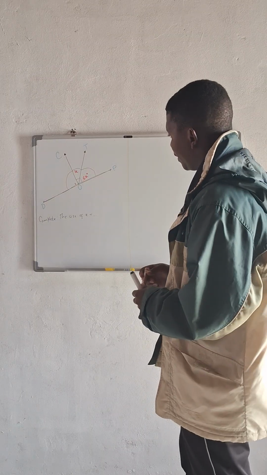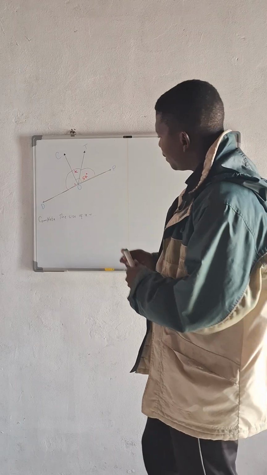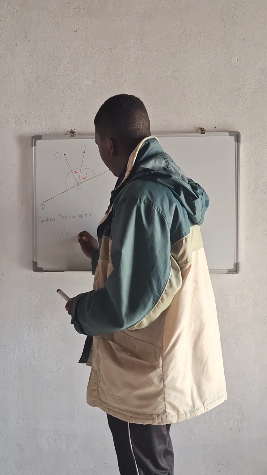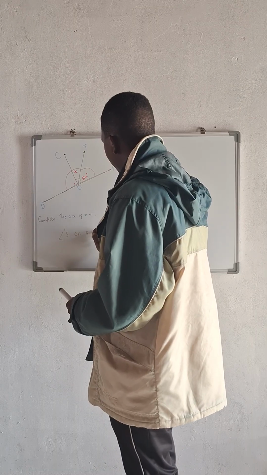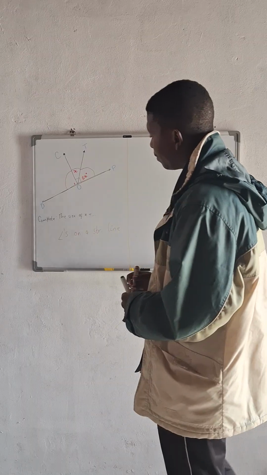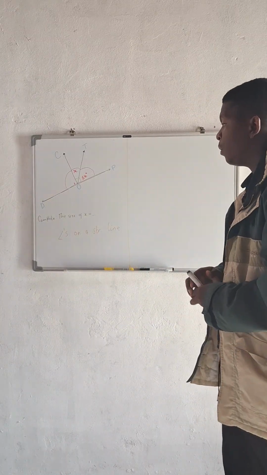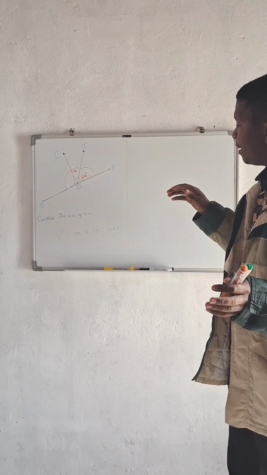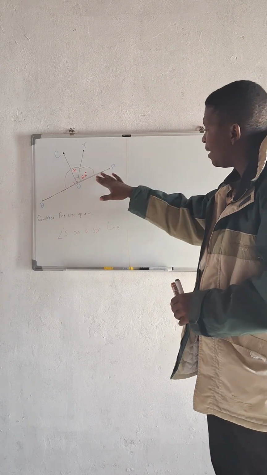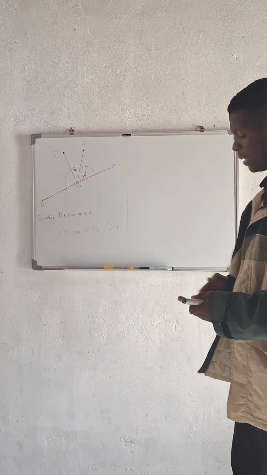Do you understand that one? So the theorem that we're gonna use is that one of angles on a straight line. That is the theorem that I want us to focus on now. This is the theorem that you need to know. Sometimes you may get a diagram that is very complicated. You need to identify that these angles that you are looking for, they are on a straight line, and then use the theorem.